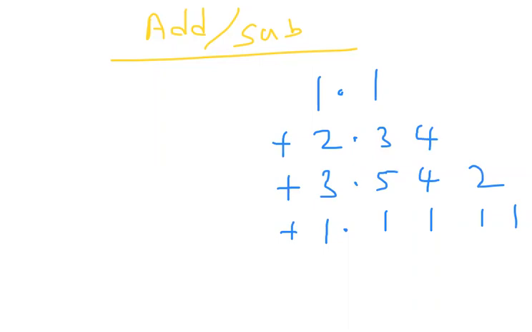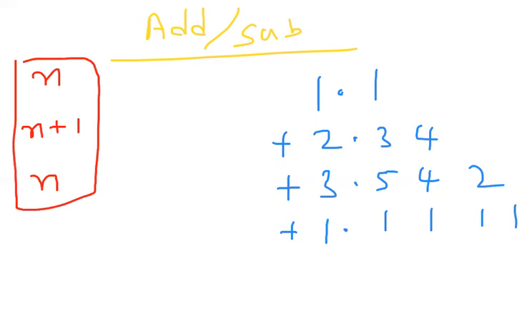What are the rules you have to follow here? The rule is the n plus 1 n rule. What is n? Find the least number of significant decimal digits when you are doing addition or subtraction. Here it is 1, here 2, here 3, here 4.